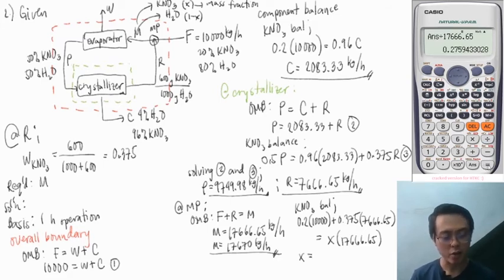So the mass fraction of potassium nitrate in the mixed feed is 0.2759. This is for potassium nitrate. And for water, you can simply subtract this from 1: 0.7241.